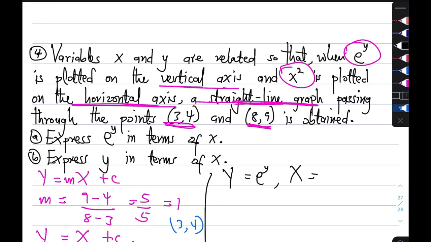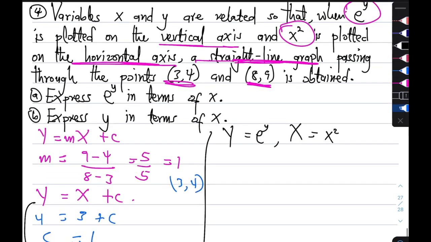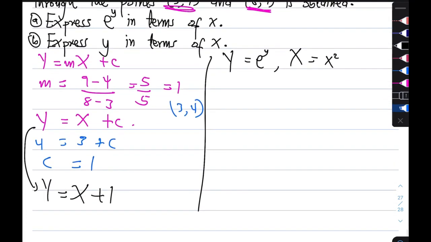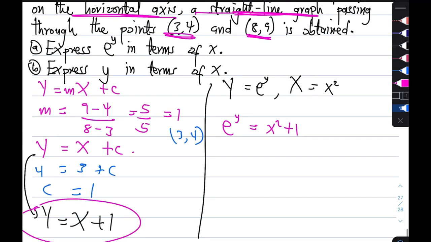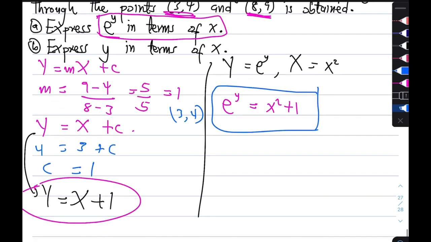So this big X is actually small x squared. So that means we can modify this particular equation. So that will give us e to the power y is equal to x squared plus 1. Well, if you check part A, they said express e to the power y in terms of x, and that is exactly what we've done. Okay, so that's for A.